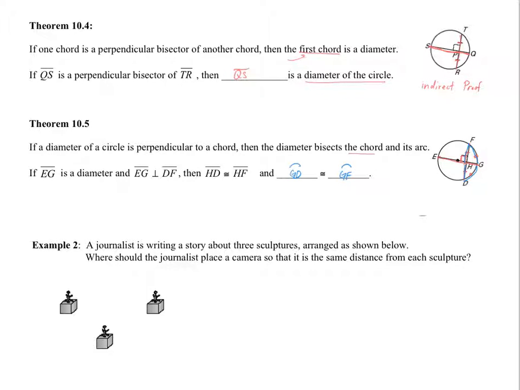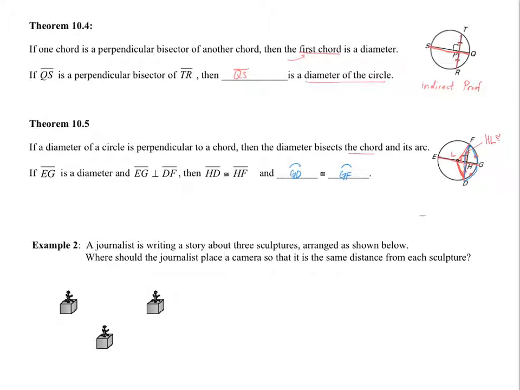So basically you can draw the radius, label the center L, and draw another radius so that you form two right triangles, and you can prove that these two right triangles are congruent by the HL congruence theorem.